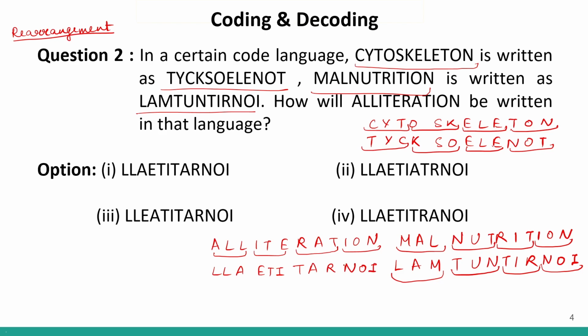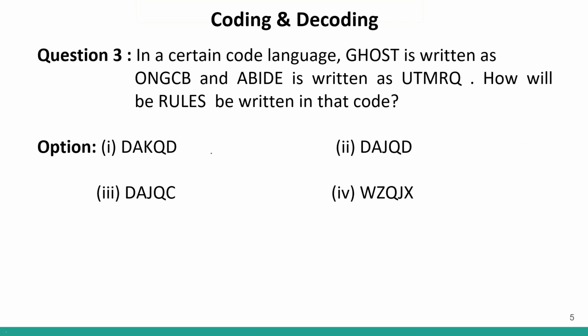Correct? This will be the order: LLA, ETI, TAR, NOI. This is given in option number 1. So option number 1 will be the correct answer to this question. Clear? Moving on to question number 3.